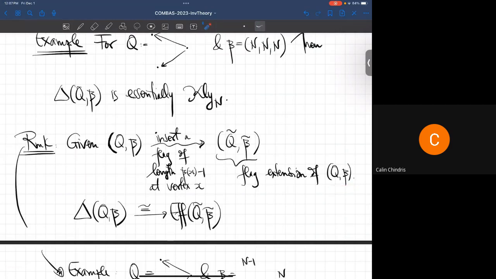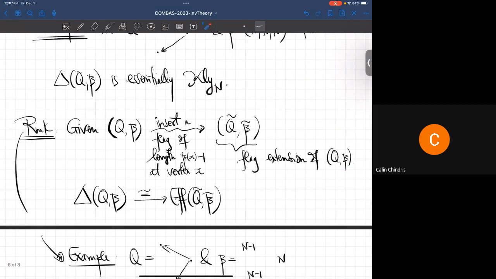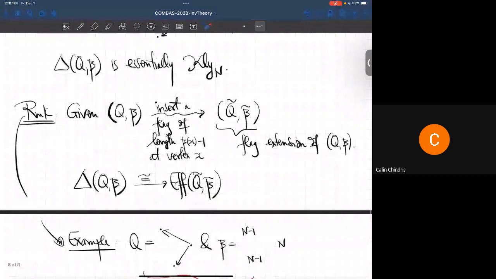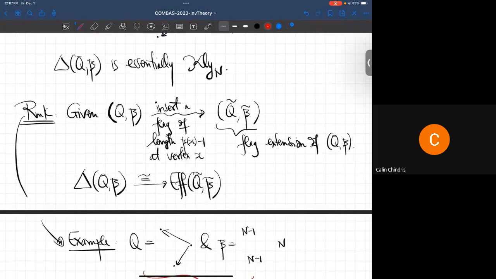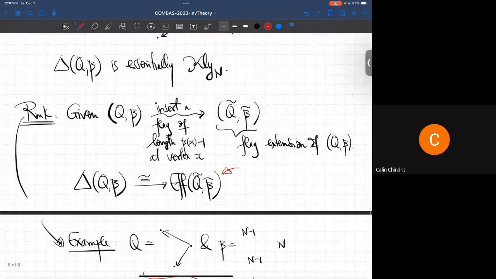And so what happens is that there is an isomorphism between the moment cone associated to Q beta and this cone of effective weights. And let me just say that this cone, or at least the lattice points of this cone, are defined as follows. So you have a sigma tilde, which is a stability weight for Q tilde.